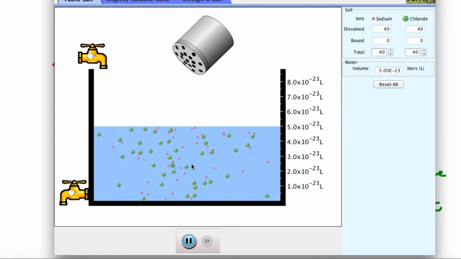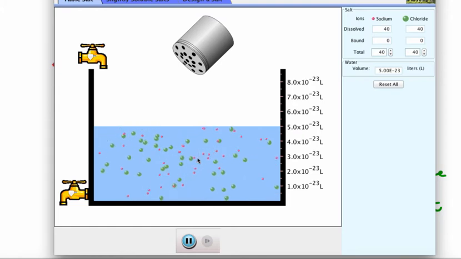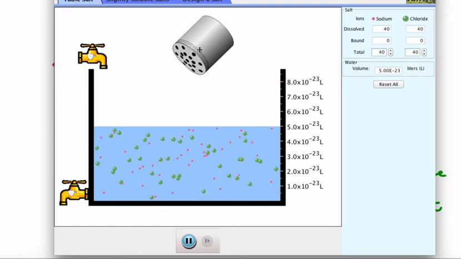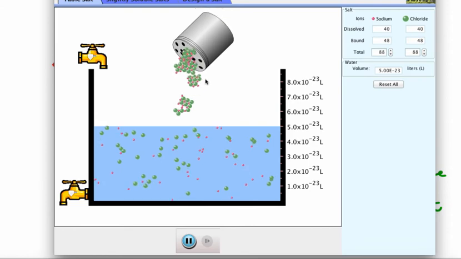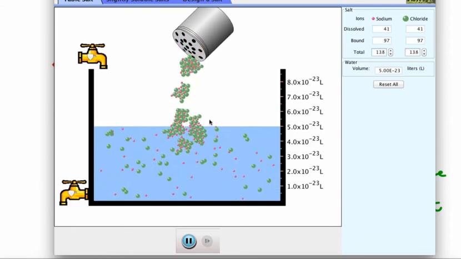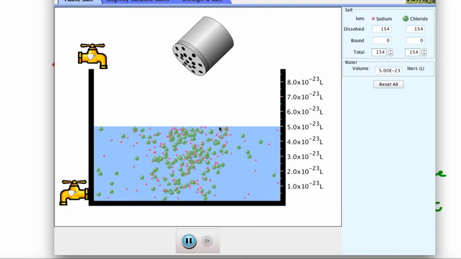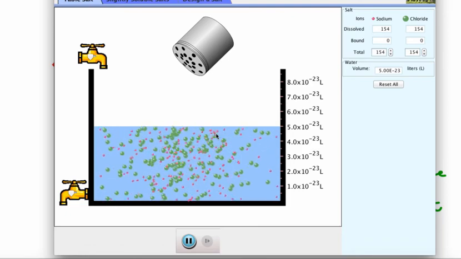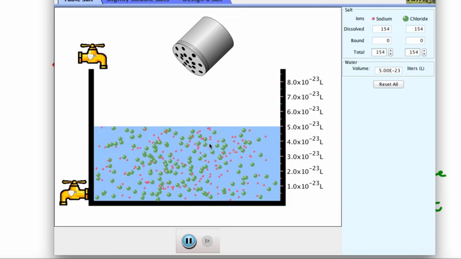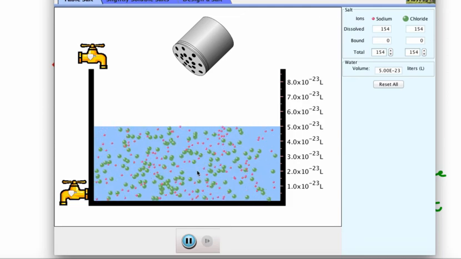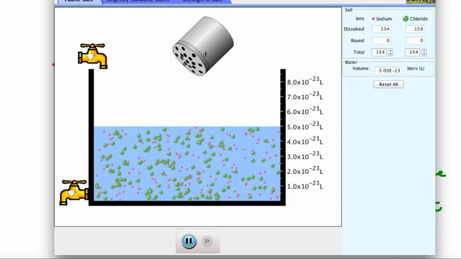There's not a whole lot of ions per unit volume. We can increase the concentration by adding more salt. And as we add more salt, we have to wait for that salt to dissolve. Now it's still dissolving. So our solution has not yet reached saturation. Okay, so right now the solution is unsaturated because more salt could dissolve.